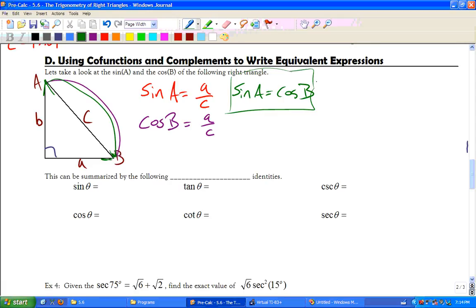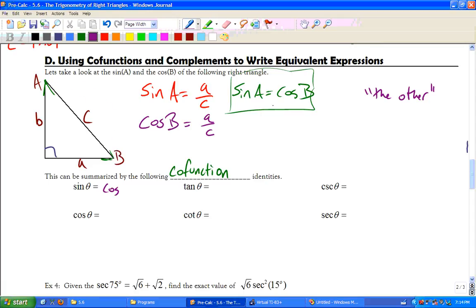Well, these can be summarized in what are called the cofunction identities. The cofunction identities relate sine with its cofunction, cosine. So when we take a look at sine of theta, we need a way of talking about the cosine of, quote-unquote, the other angle. The other angle is the other acute angle within a right triangle.